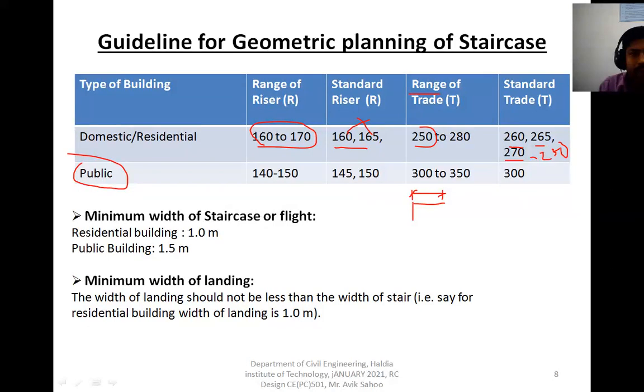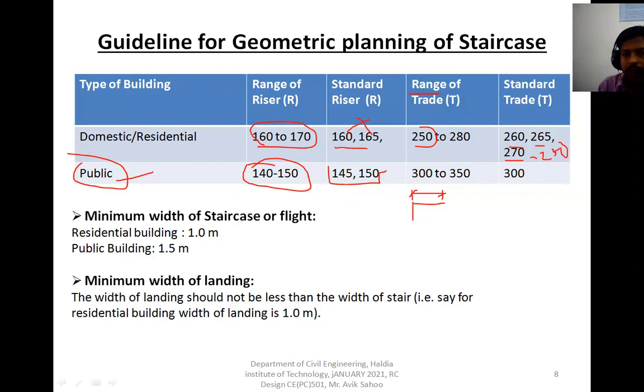Now the other type of building, that is public, the range of riser is 140 to 150. You see the riser height is less than domestic building. The standard is 145 and 150.